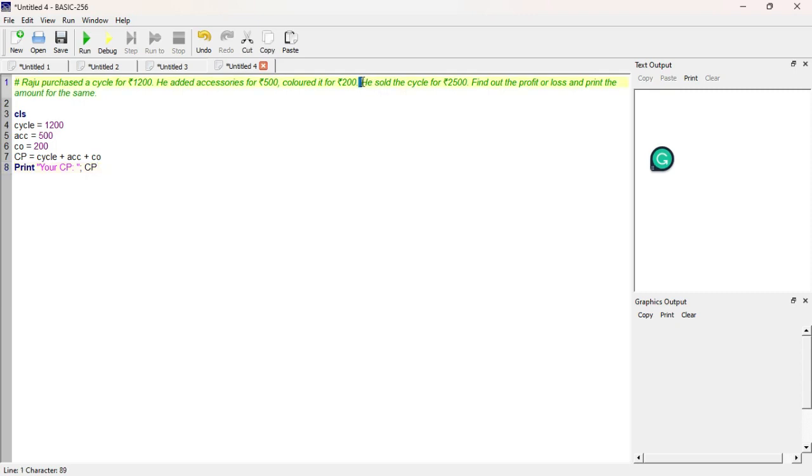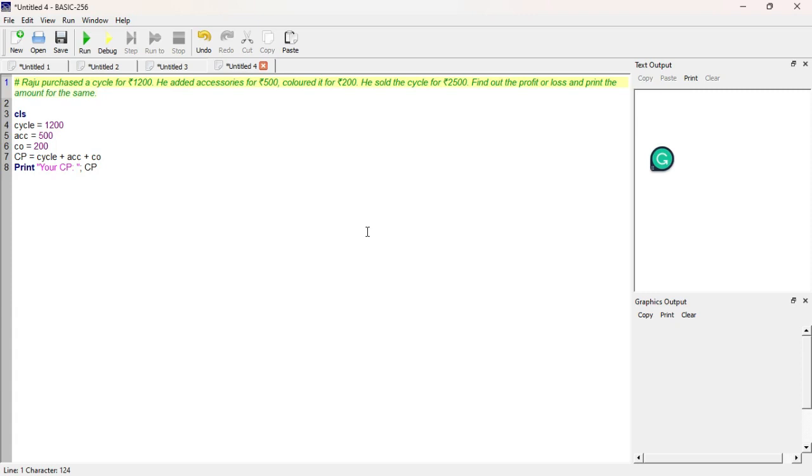Now let's see from here. He sold the cycle for rupees 2500. His selling price now is rupees 2500. If the selling price is more and the cost price is less, then the person, Raju, is at profit.